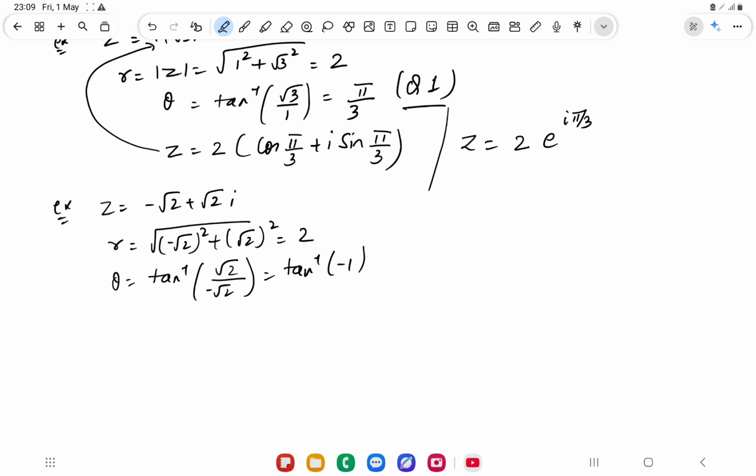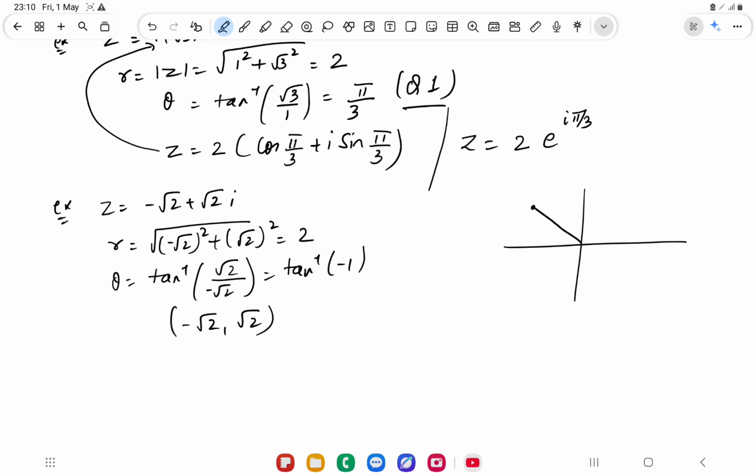Now since it is minus 1, the coordinate is minus root 2 comma root 2. It means if I plot it, it will be in the second quadrant. And if I want to draw it, it will be like this.